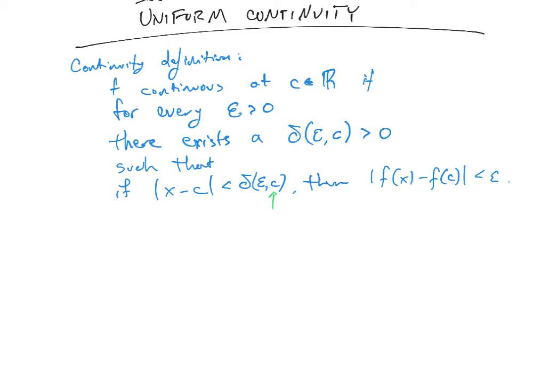There was no c in there. Many examples where it doesn't depend on c, although there are examples where it does depend on c. So for the function x squared, your delta does depend on c in that proof of continuity.